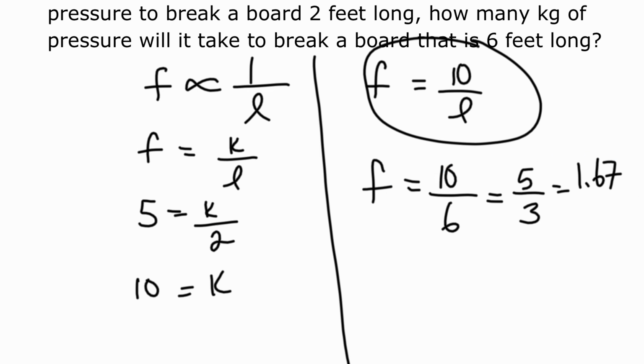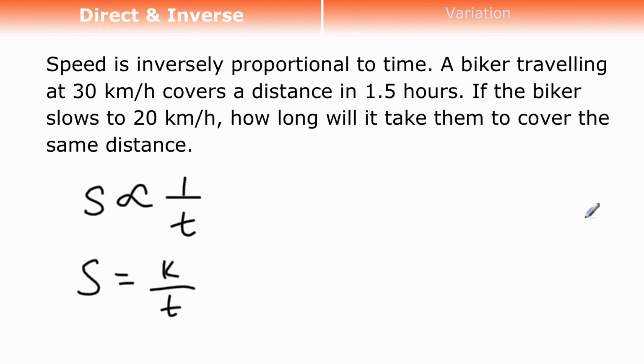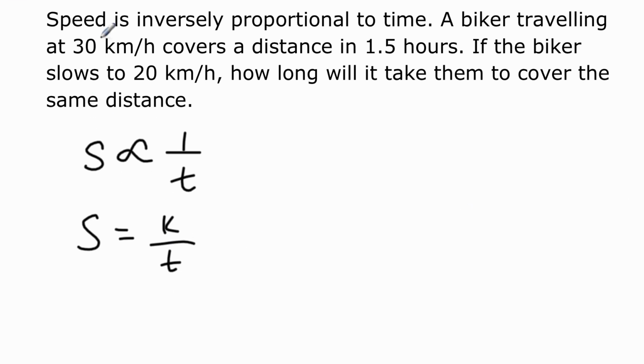More pressure. Try one last one. Again, pause, try this one, and then come back. Speed varies inversely to time. So 1 over time. Or speed is equal to some constant divided by time. A biker traveling 30 kilometers an hour, so that's 30, is able to cover a distance in 1.5 hours.